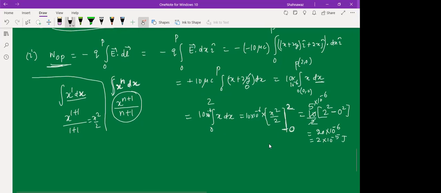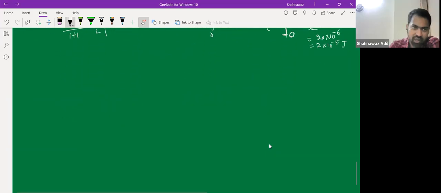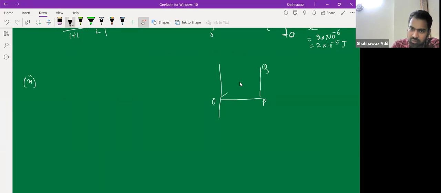Okay, so now we have a second path. We are going from O, P, and Q. This is 2, 2. This is 2, 0. And I am going from P to Q. Q is minus 10 microcoulomb.